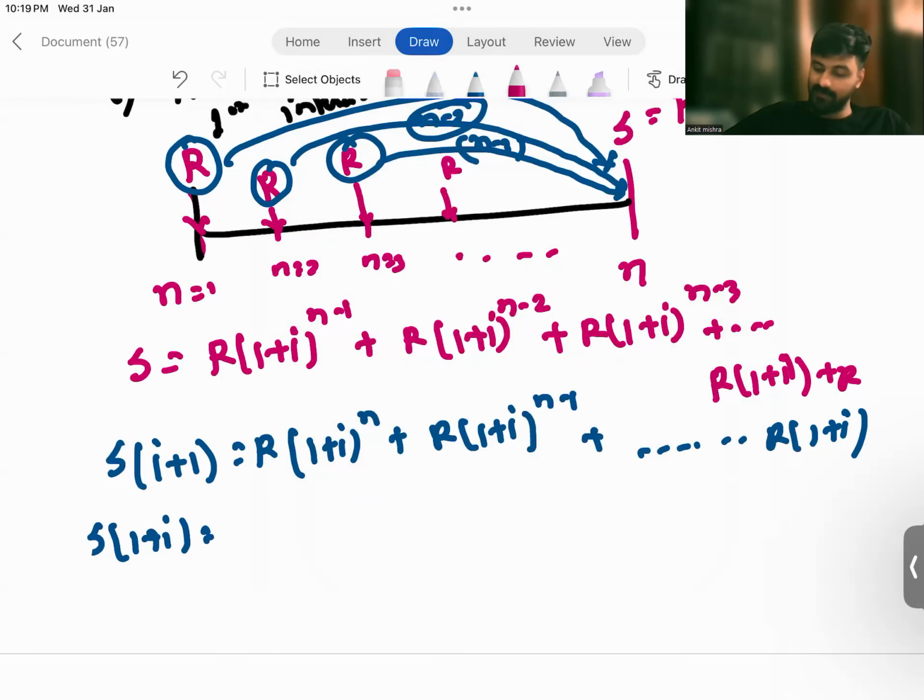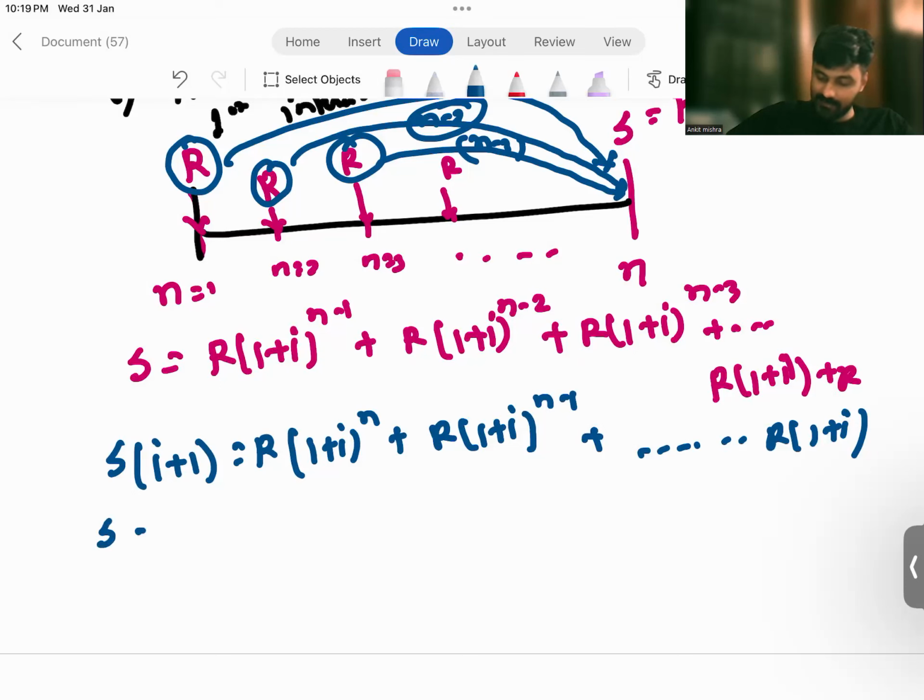So if you want to calculate this value, it is better to write it this way.